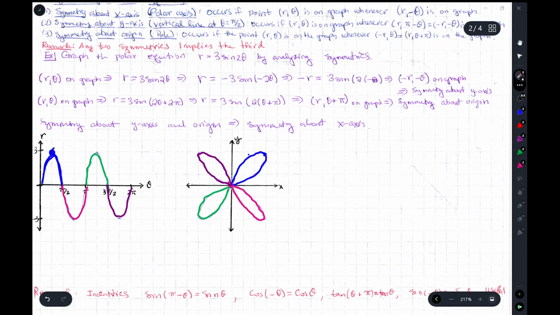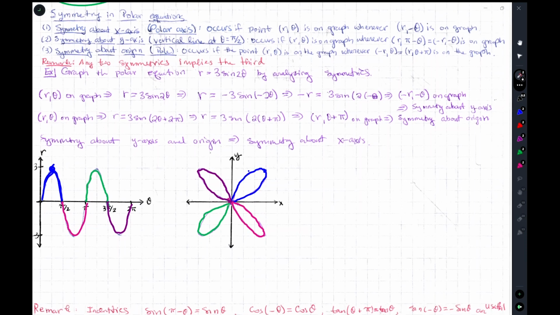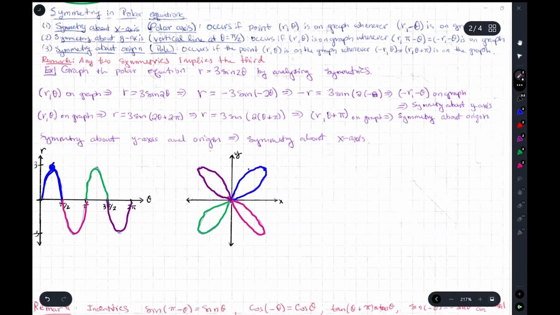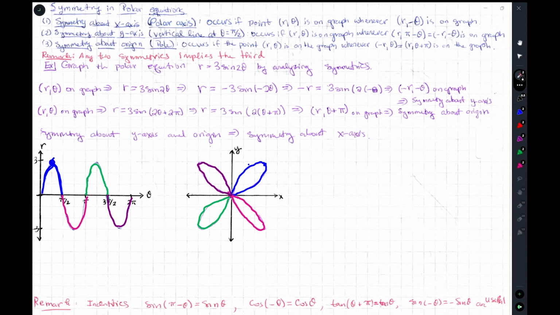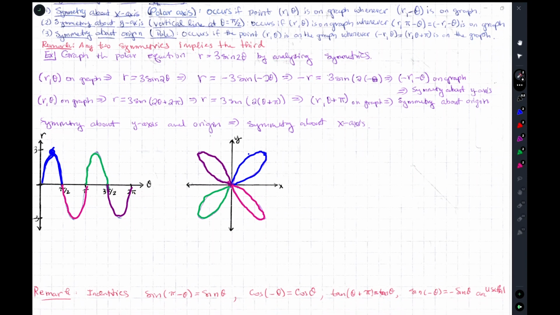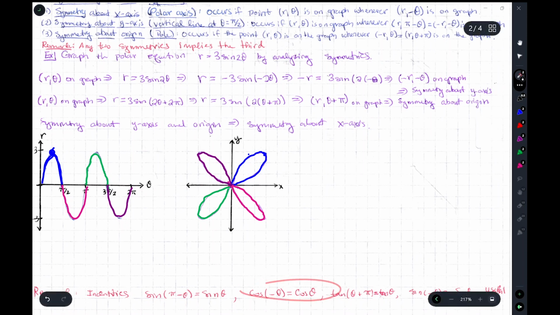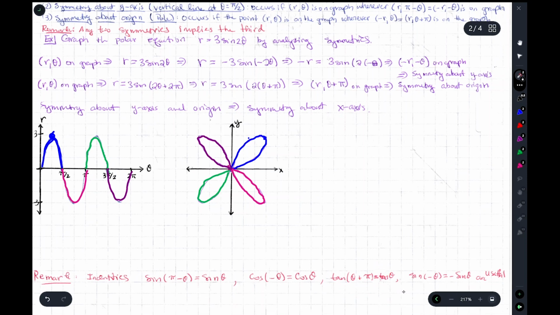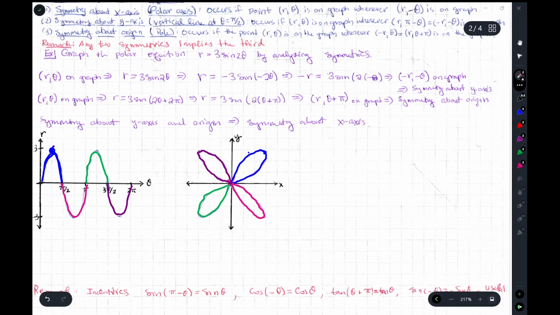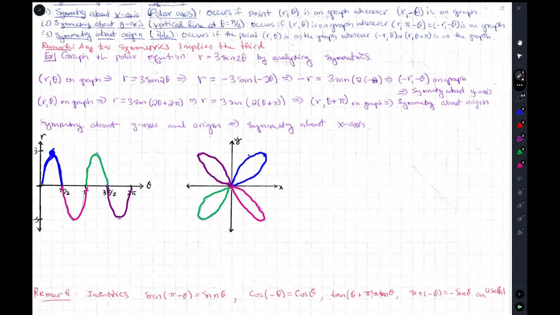And so if you see just the sine theta, you might shoot for showing y symmetry, symmetry about the y-axis, with that point. A useful property there: cosine of negative theta is cosine theta. Tan of theta plus pi is tan theta. Sine of negative theta is equal to negative sine theta. And that's just some useful formulas there for showing symmetry.